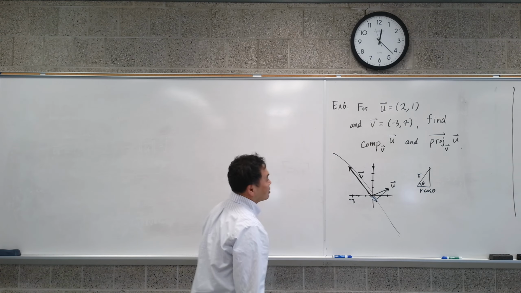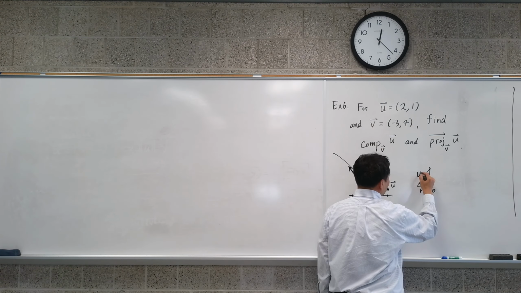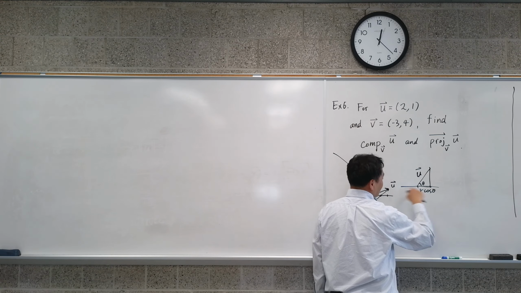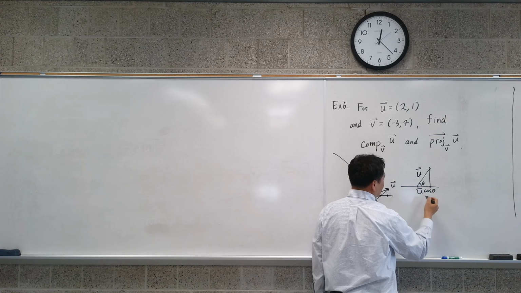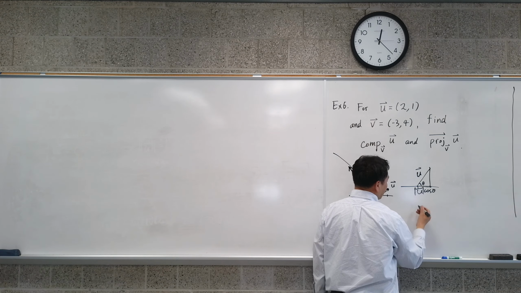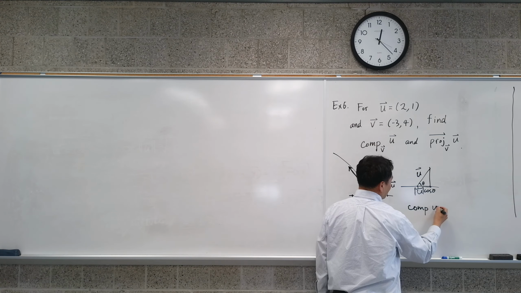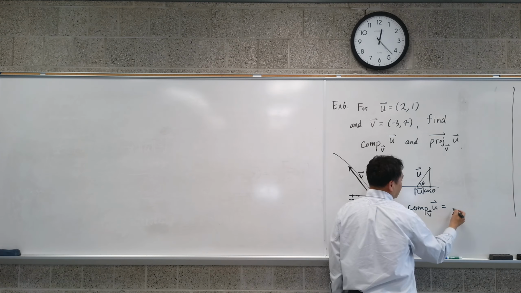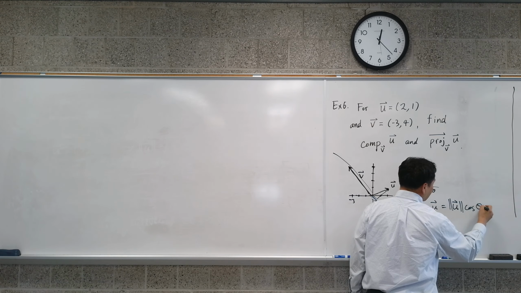So if you want, let's say this is your u, and this is the line that you're trying to project, then this would simply be this length, norm of u times cosine theta, and the way you calculate this is by saying that component of u onto v would be simply norm of u times cosine theta.